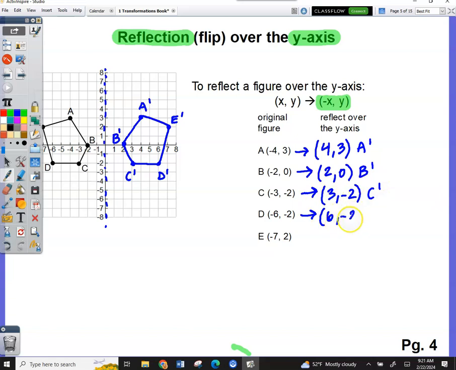Please make sure yours matches mine before you pack up. I did just pass to you your practice assignment. It is page 34. It is just practicing reflecting over the X and the Y, and then on the back, numbers 11 and 12 say reflect the image, then translate.